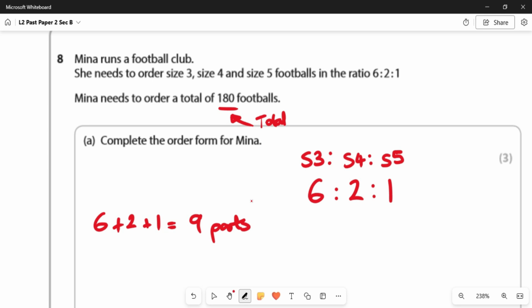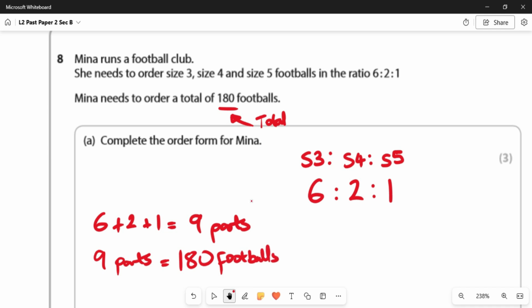I think that's a very common mistake with this question. Don't get mixed up with 3, 4 and 5. In our working out we're not going to use 3, 4 and 5, are we? So those 9 parts in total represent 180 footballs.